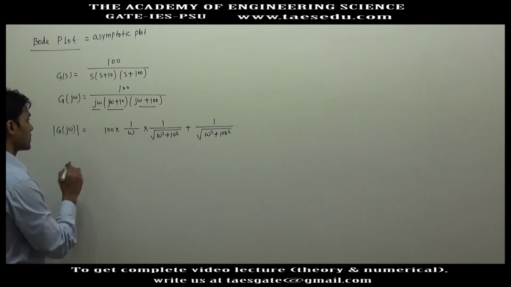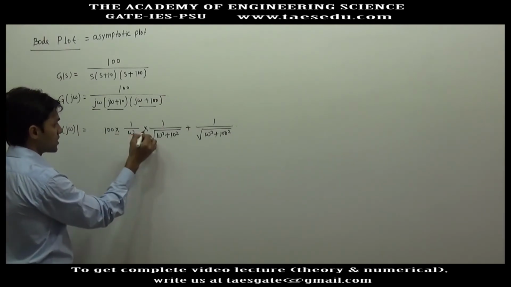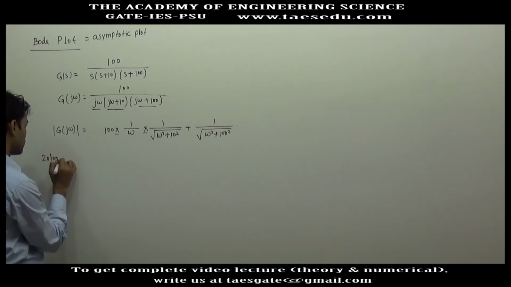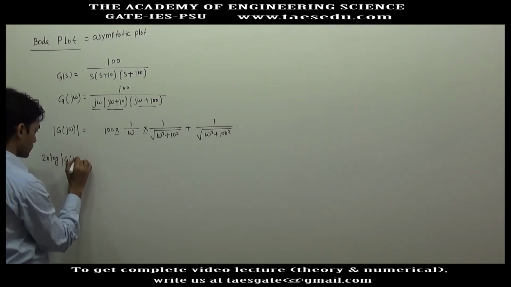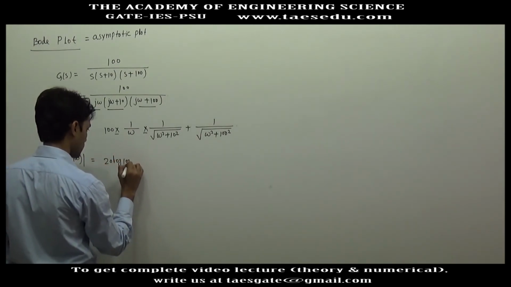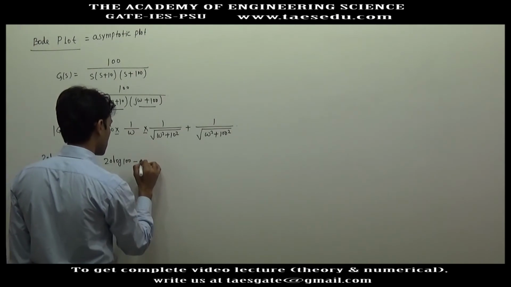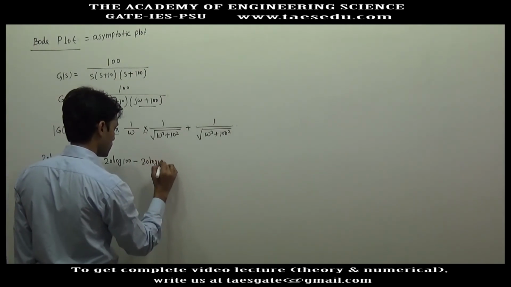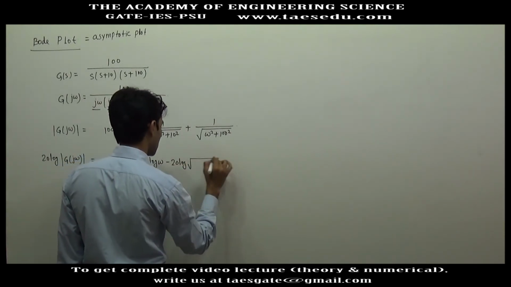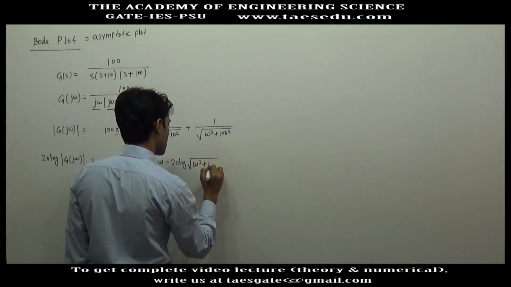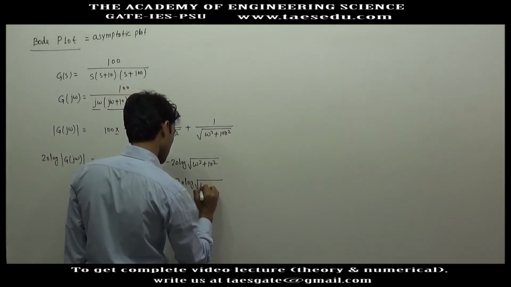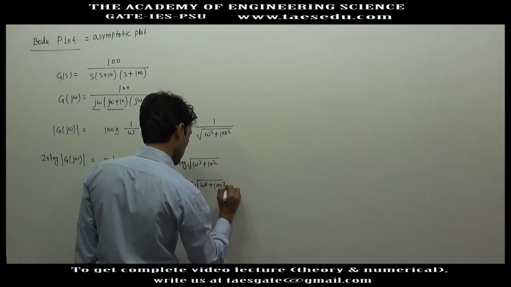Okay, then we will take log to convert these multiplications into addition. 20 log of this will be 20 log 100, minus 20 log omega, minus 20 log root of omega square plus 10 square, minus 20 log root of omega square plus 100 square.